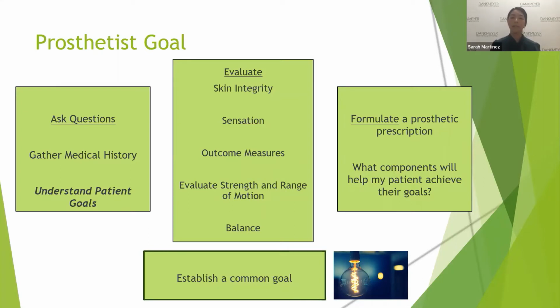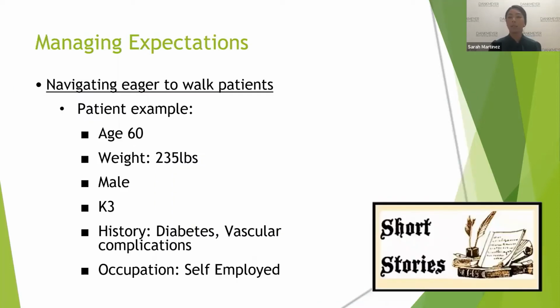But it can be helpful for your patient to know that you also have a goal for them, and then establish that rapport, create that trust and that team approach on their rehabilitation journey of walking with a prosthesis or wherever that goal might be. So let's go to the next slide here.